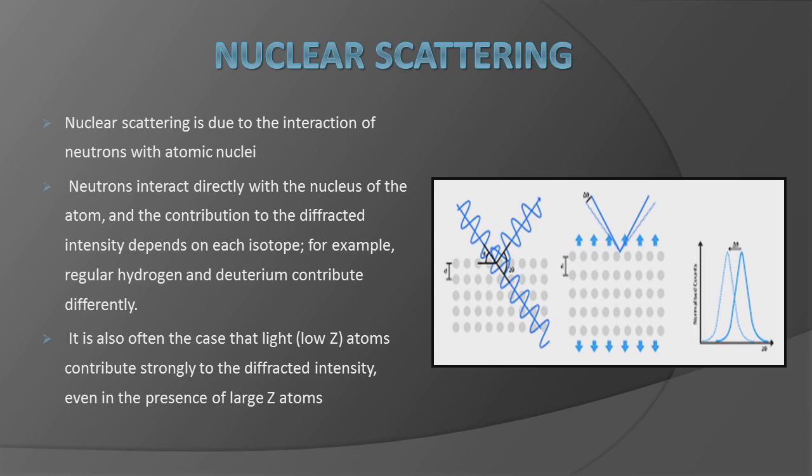There is a difference in the intensity pattern due to the scattering of these neutrons by the atoms in the lattice sites, giving a diffracted image. It is often seen that low atomic number atoms contribute very strongly to the diffracted intensity, even in the presence of large atomic number atoms.